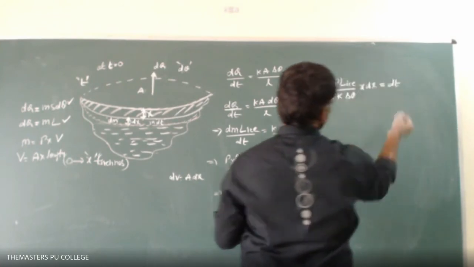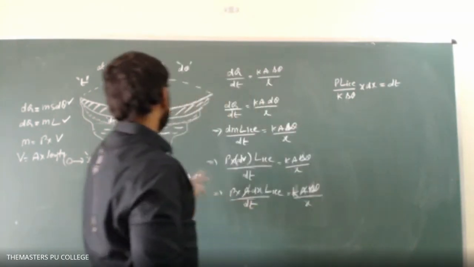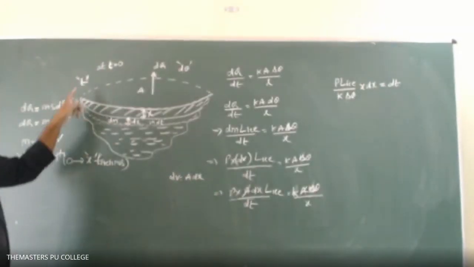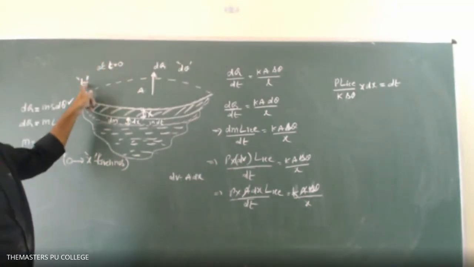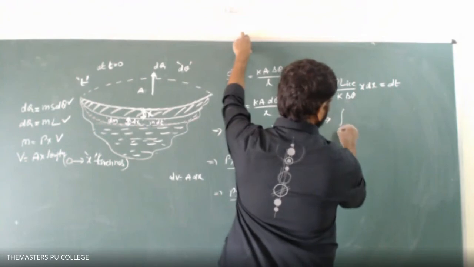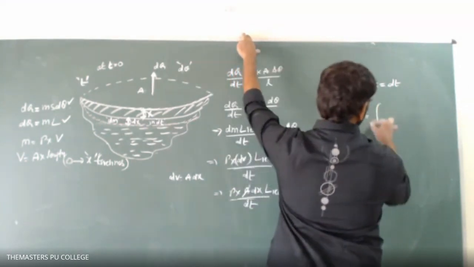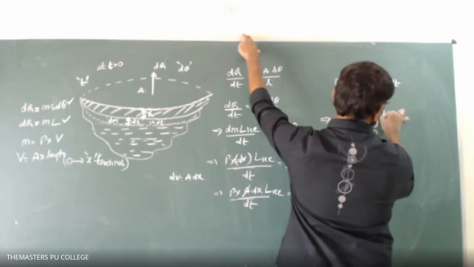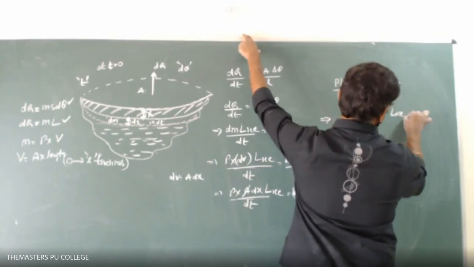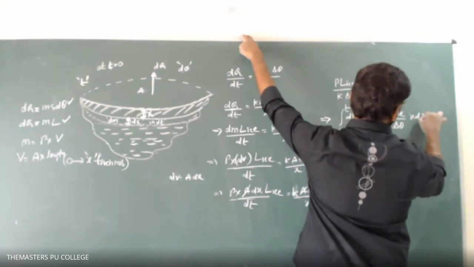Integrating with proper limits, where x changes from 0 to x and t changes from 0 to t, I get integral 0 to t dt equals integral 0 to x rho into latent heat of ice divided by K delta theta into x dx.